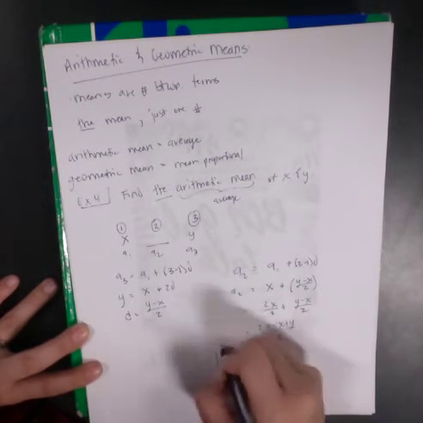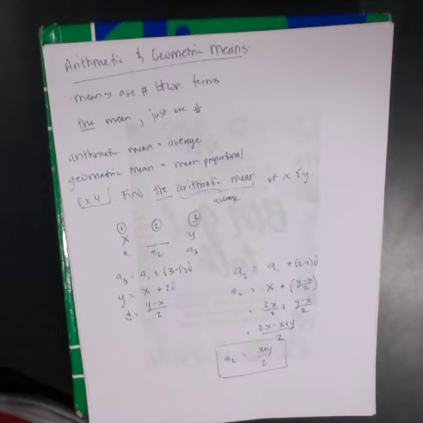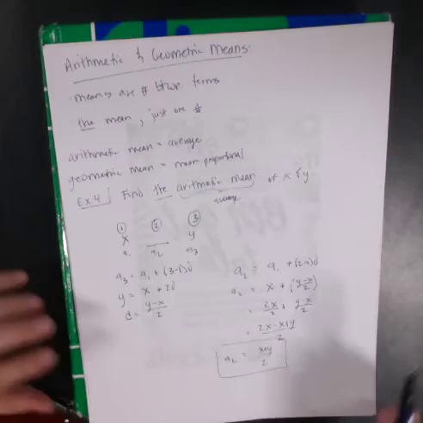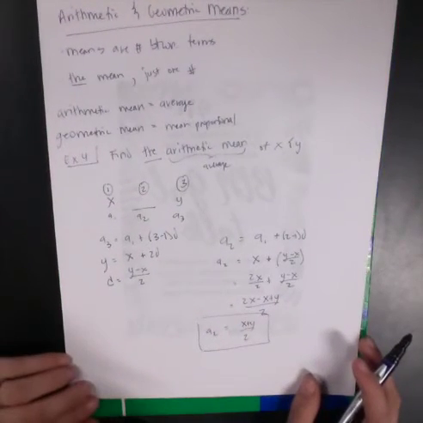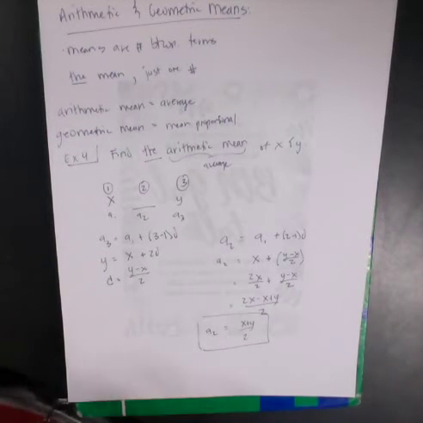That's the arithmetic mean in between x and y. Now, we know that it was going to be that anyway because it's an average. Average, you take two things and you divide it by 2. We knew it was going to be that anyway. But this is also how you do it using the arithmetic means.